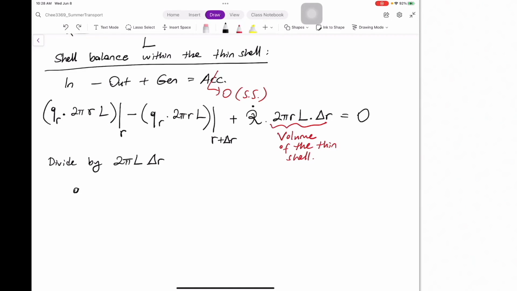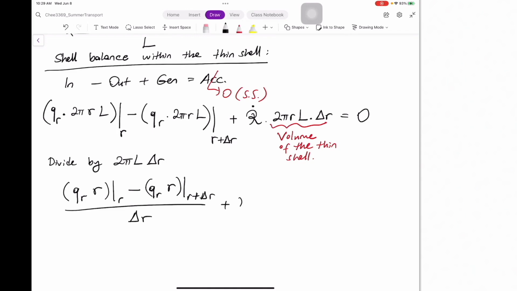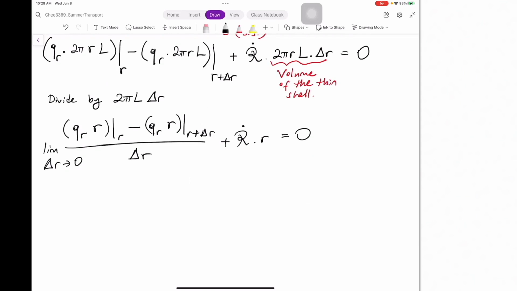And you get something like q_r r calculated at r minus q_r r calculated at r plus delta r, divided by delta r, plus fancy R dot times r is equal to 0. And let's take the limit as delta r goes to 0 for a very, very thin shell.